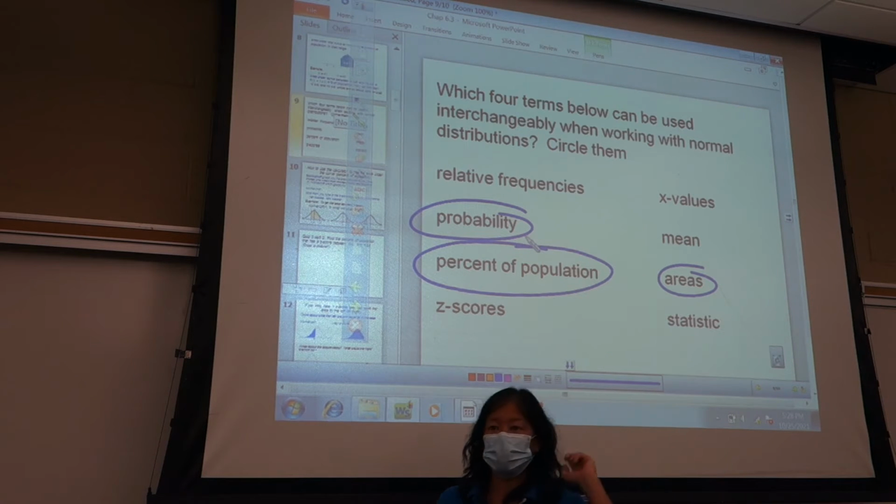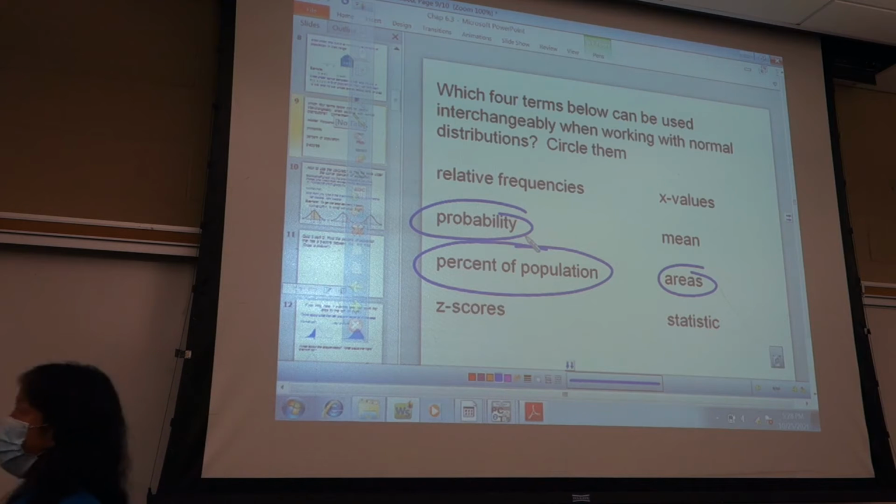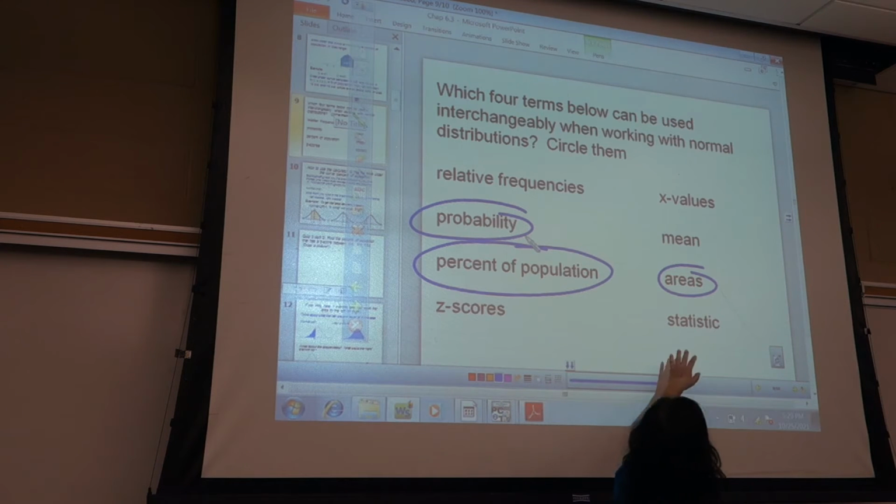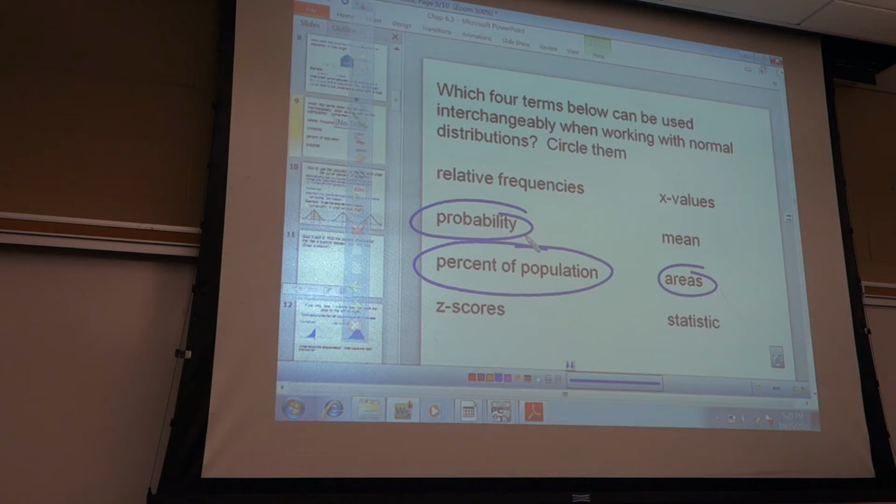Which of these things follow that their values are between 0 and 1? Will all x values be between 0 and 1? No, absolutely not. Will all means be between 0 and 1? No. Will every statistic be between 0 and 1? Oh, I see what you're saying.